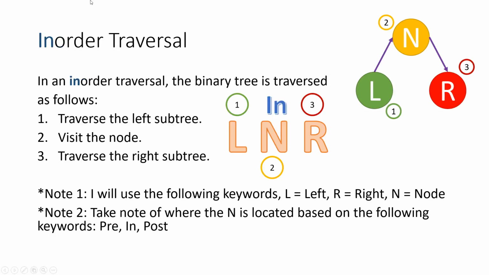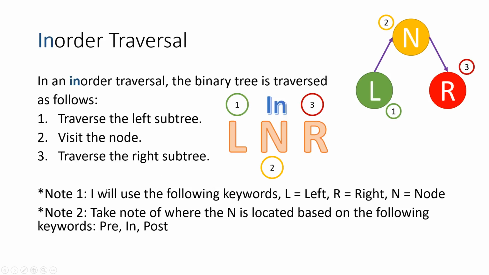So InOrder traversal is exactly what I was telling you. The node is in the middle. In an InOrder traversal, the binary tree is traversed as follows. We traverse the left subtree. So we first tackle the left subtree, then we go into the middle one, and then we go into the right one. So it says visit the node, which is the main top one here, and then traverse the right subtree, where we're traversing over here.